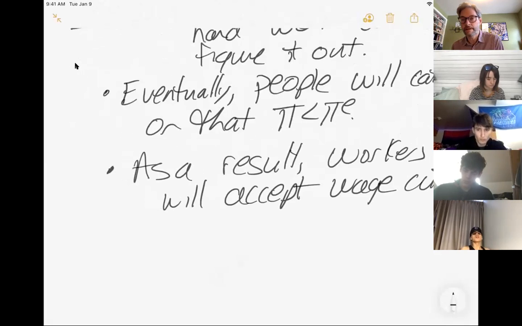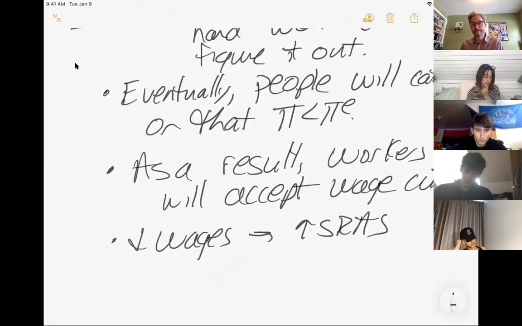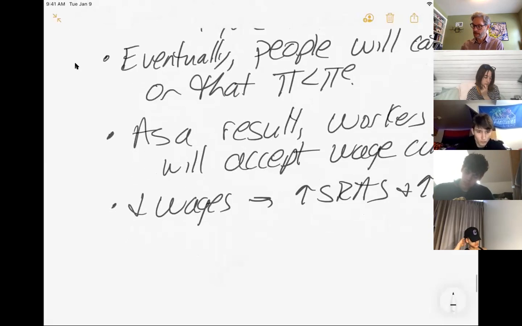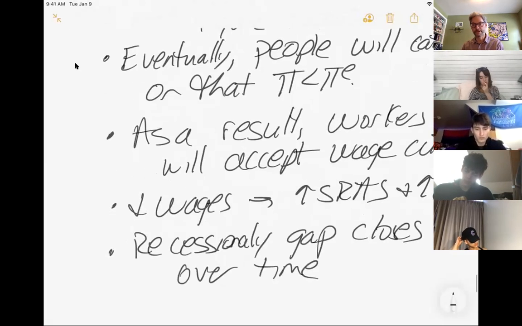Eventually, workers are going to accept wage cuts when they understand what's going on. And these wage cuts will begin to shift short-run aggregate supply and increase output. And so that recessionary gap will close over time.